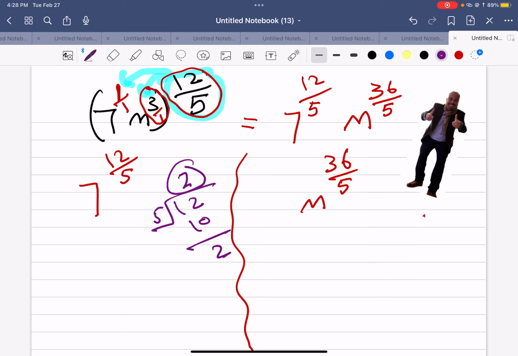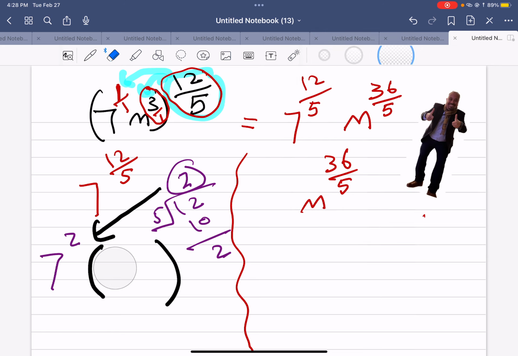So this number is going to be 7 squared, such that this number goes here, times inside the radical, what's inside the radical? 7 squared as well, but inside the radical. And remember, the root is 5.